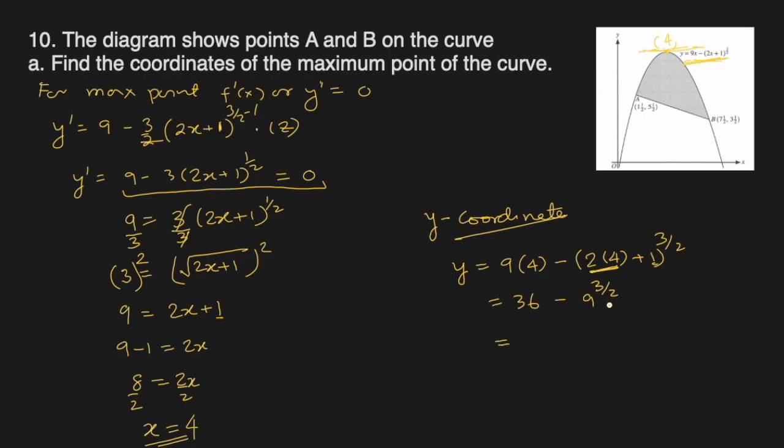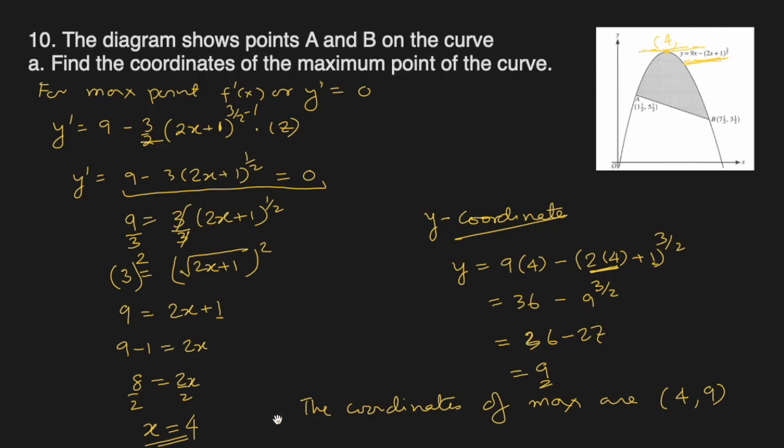You can use your calculator, I will do it mentally. The square root of 9 is 3, cube is 27. So 36 minus 27, which is 9. So the coordinates of the maximum point are x is 4, y is 9.